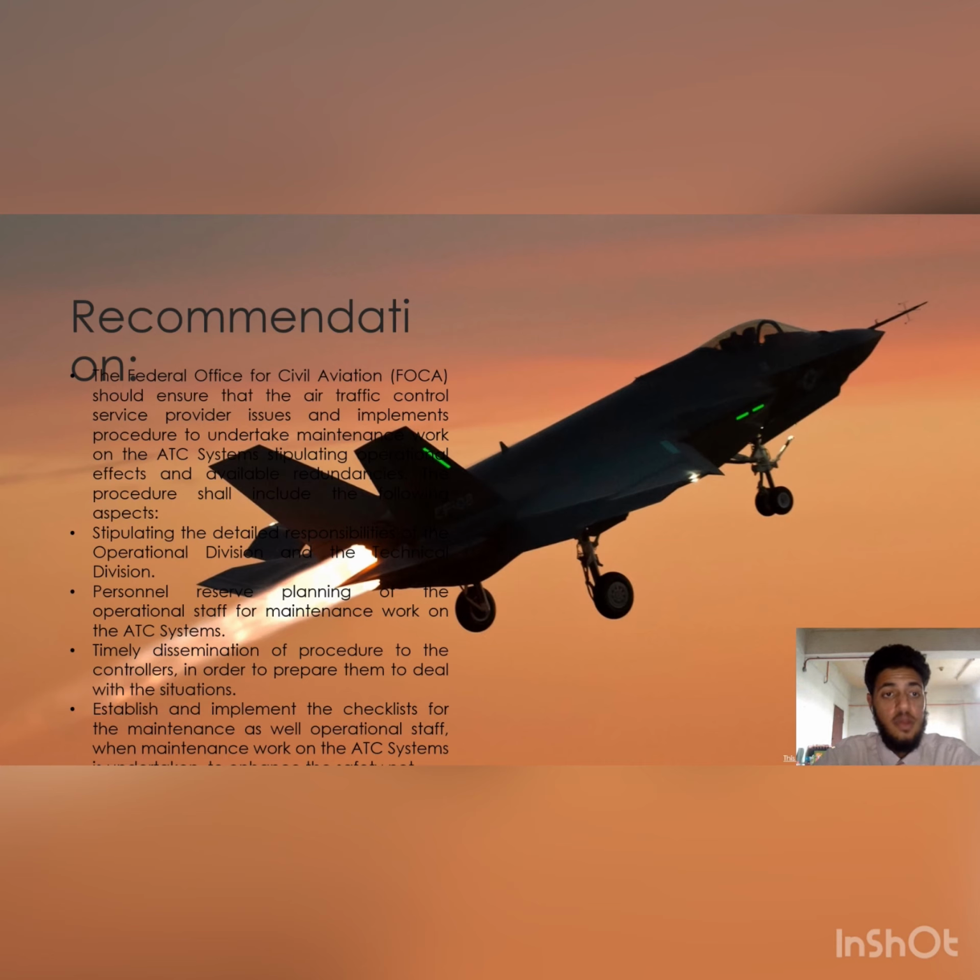Second, personnel reserve planning of the operation staff for maintenance work on the ATS system. Third, timely dissemination of the procedure to the controllers in order to prepare them to deal with the situation. Fourth, establish and implement a checklist for the maintenance as well as operation staff for maintenance work on the ATS system undertaken in a safe manner.